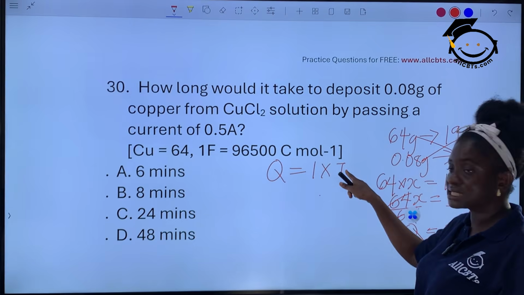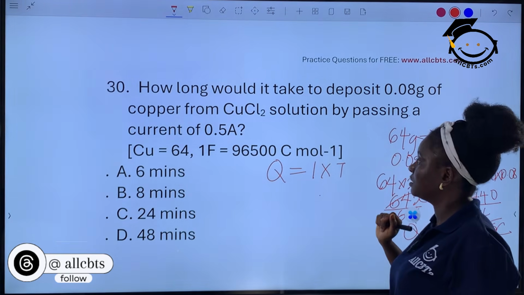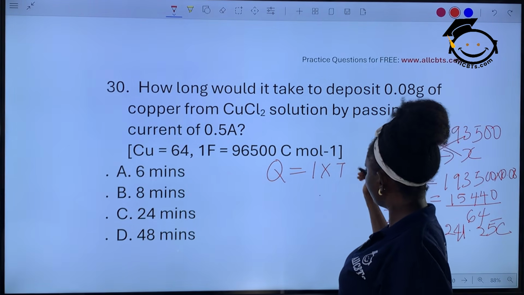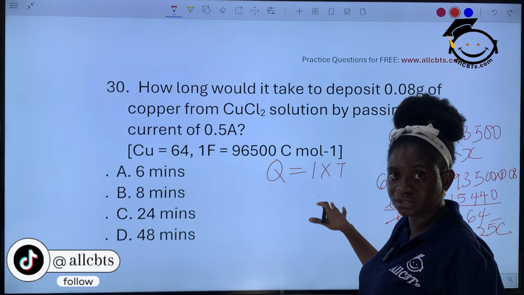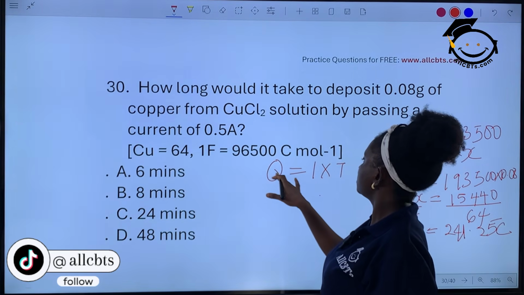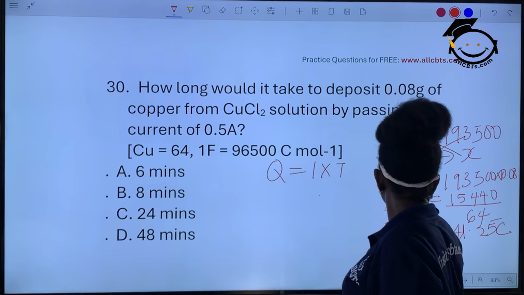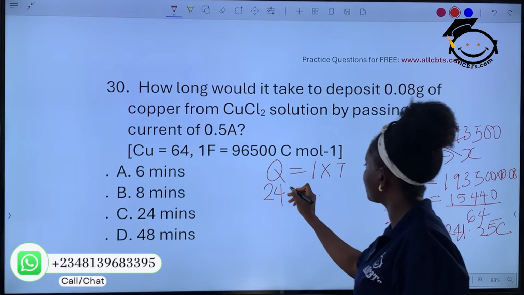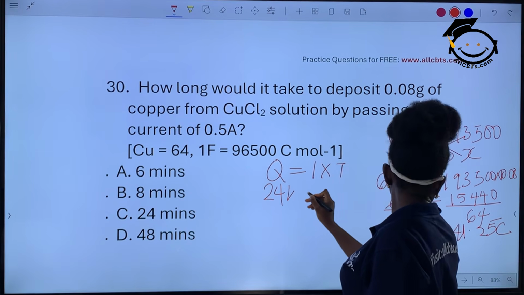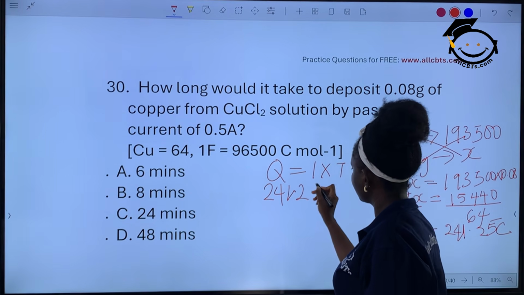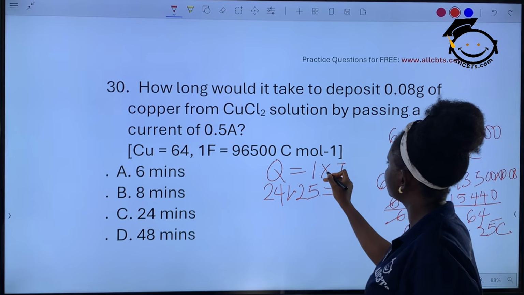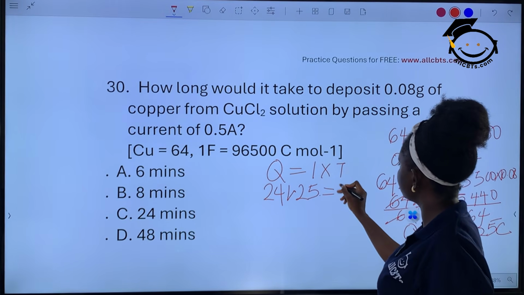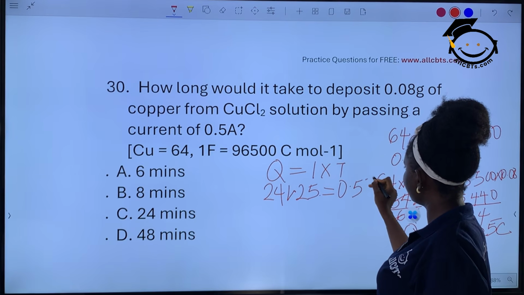And remember, this time is in minutes, but this time in this equation is in seconds. Our Q is what we calculated here, 241.25, is equal to the current, 0.5, times time.